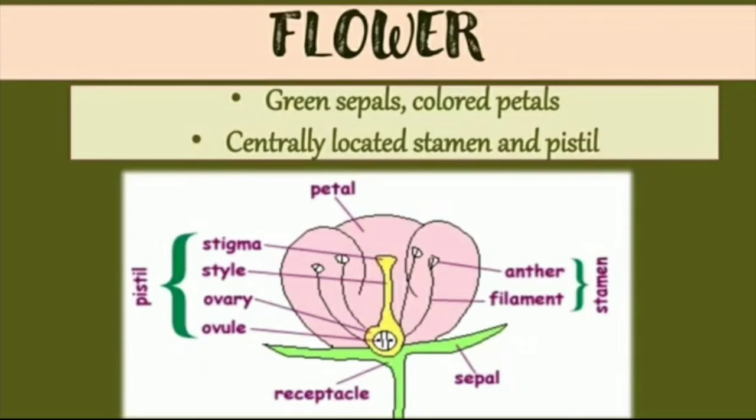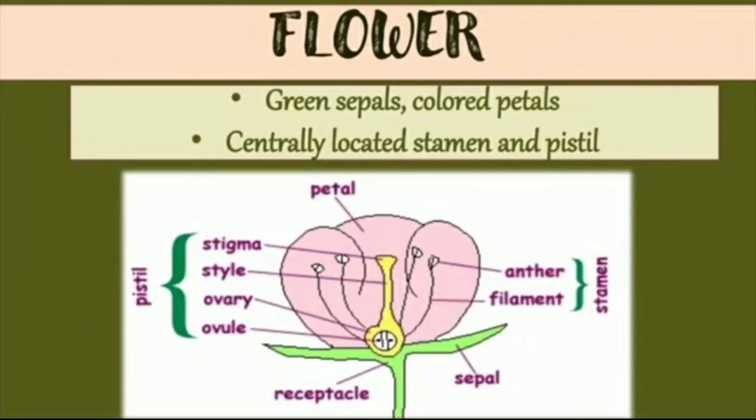Petals and other parts of the flowers are supported on the receptacle. Are you getting me, children? So flowers have green sepals and colored petals, and in the flower, centrally located stamens and pistils are present.